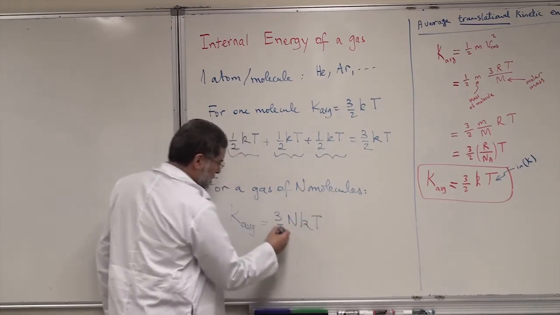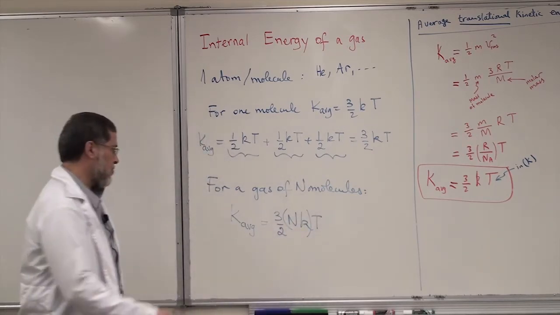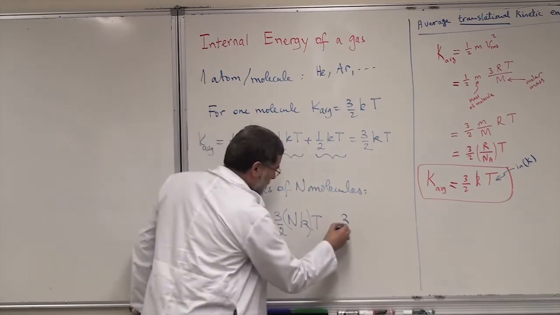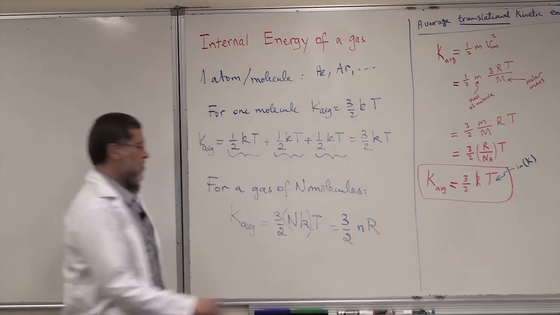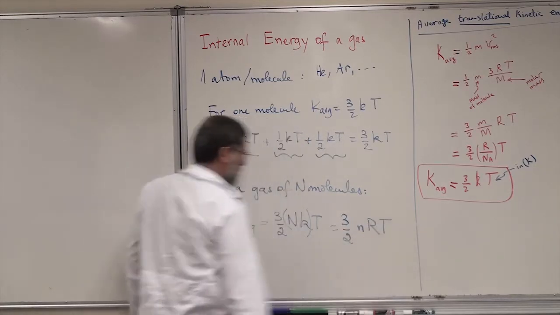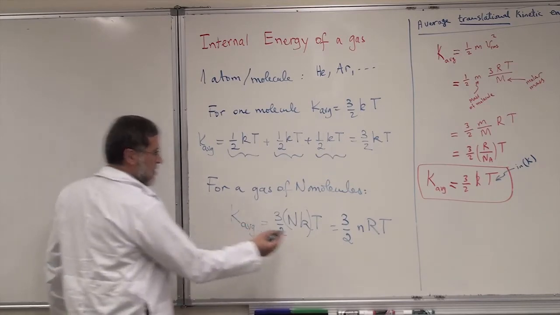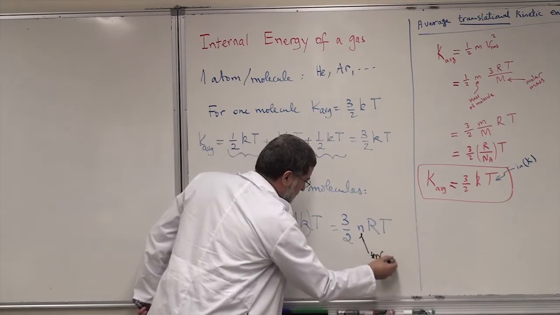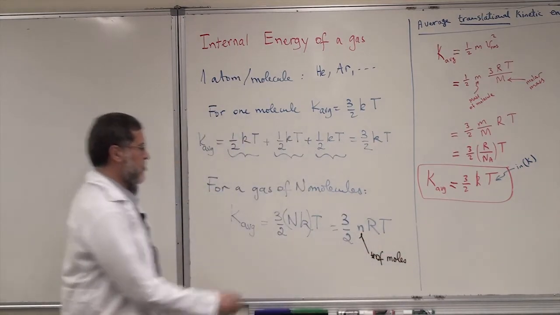Remember that Nk was shown by Dr. Salim previously to be equal to nR, where n is the number of moles and R is the ideal gas constant, and you get this equation here.